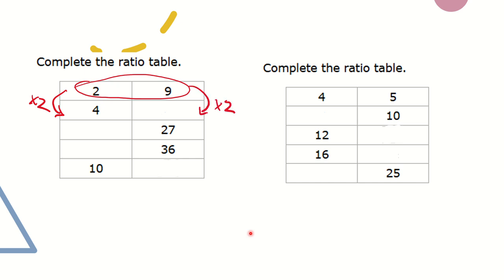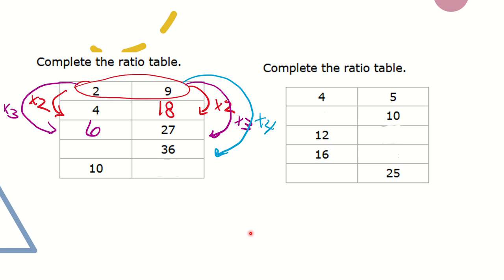Let's try the other boxes now. I know that 9 times 3 gives me 27. So 2 times 3 gives me 6. Let's keep going. I know that 9 times 4 gives me 36.